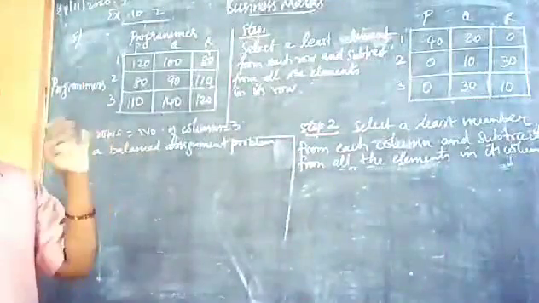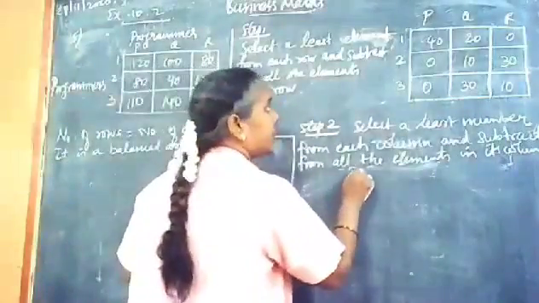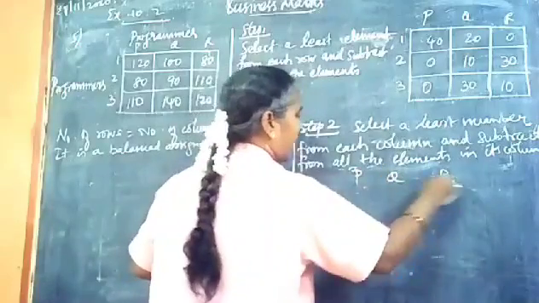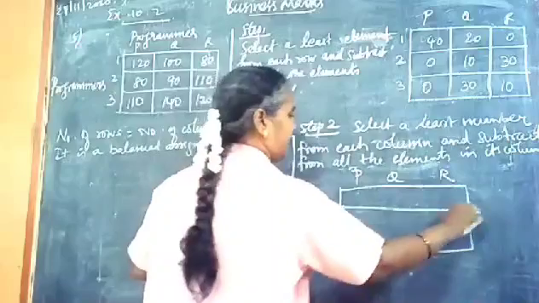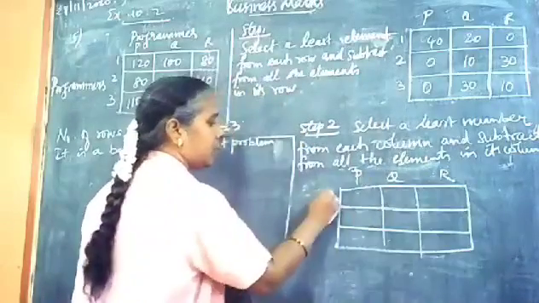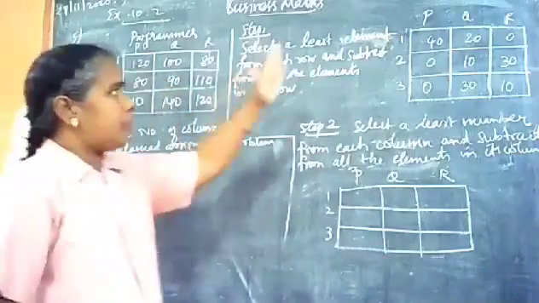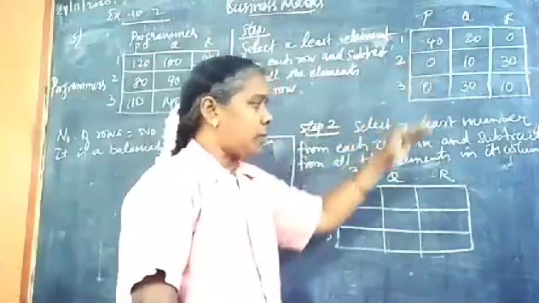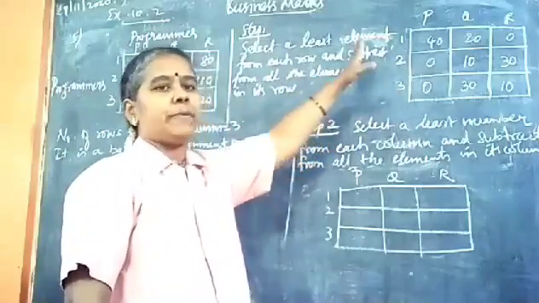Now we are going to move to the column-wise answer. Column-wise, P, Q, R programs, 1, 2, 3 programmers. Okay, well? Now what we received in step 1, that only we are going to proceed with here. What is the minimum number here? 0. 0 minus 40, 40.